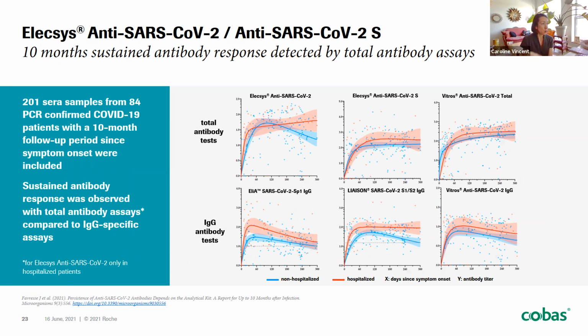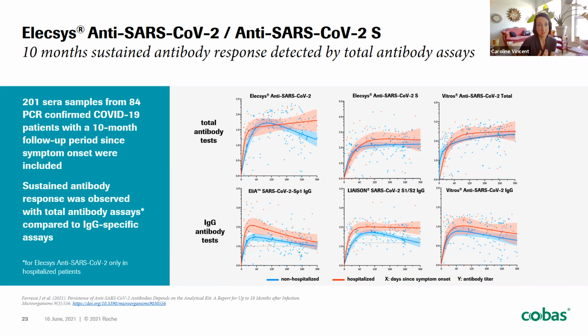With the total antibody assays, which are shown in the upper part of the figure, we see that the antibody levels were sustained for the entire study period, whereas with IgG-specific assays, which are shown on the lower portion of the figure, we see that the antibody levels tended to decrease over time.